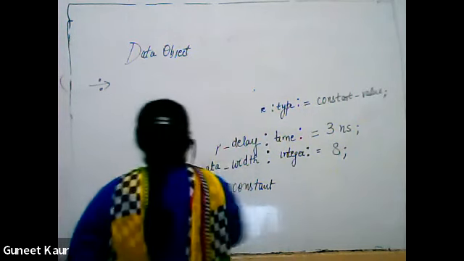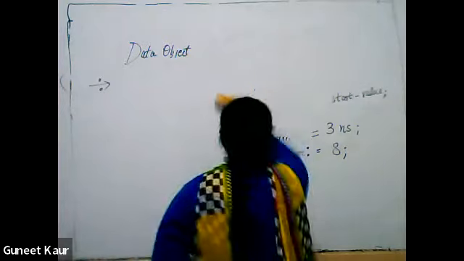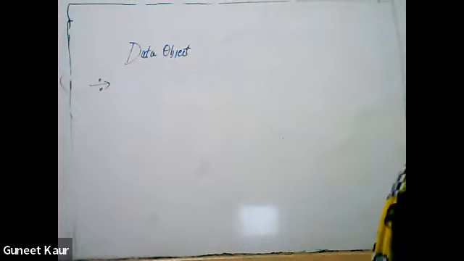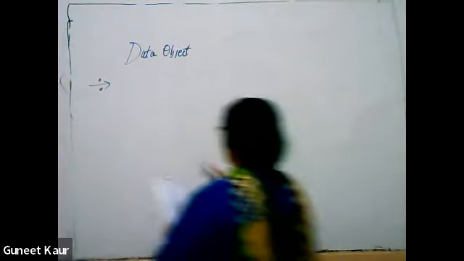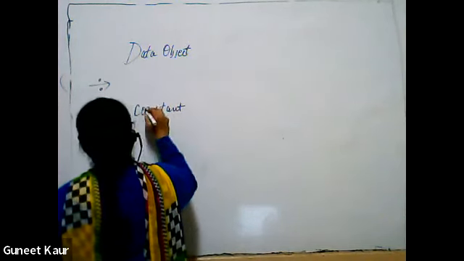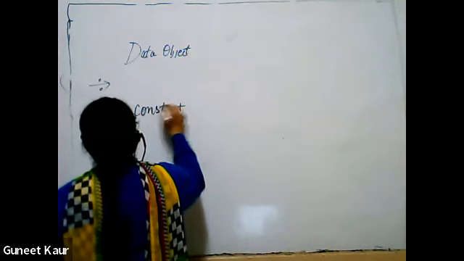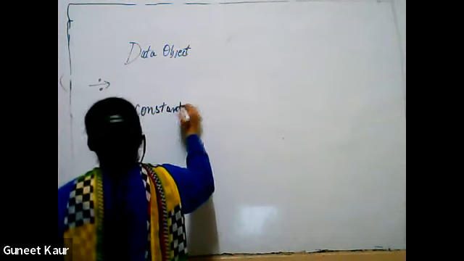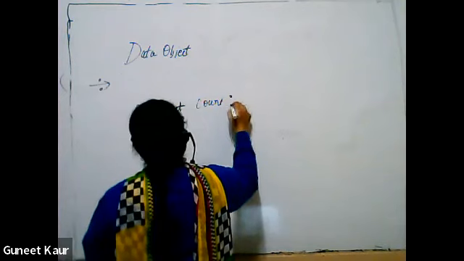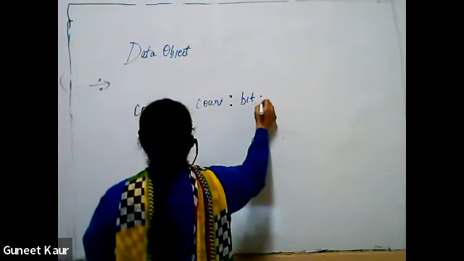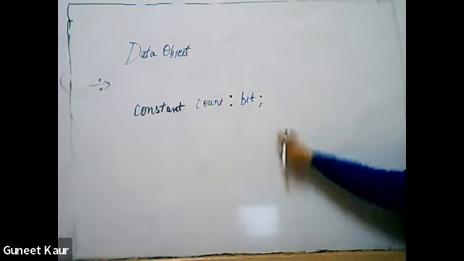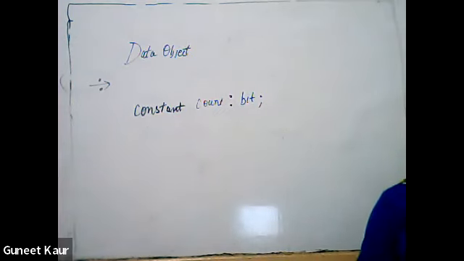The example for the deferred constant is: constant. Constant is a keyword, and it should be bold. Then the name is count, colon, type is bit, semicolon. It depicts that the value of the bit is not given.